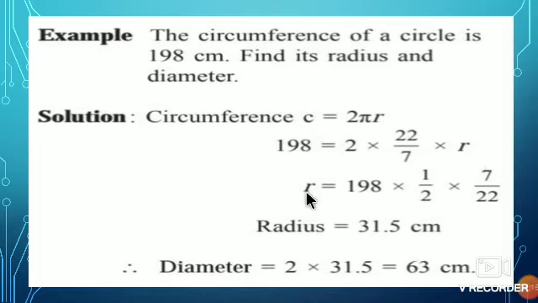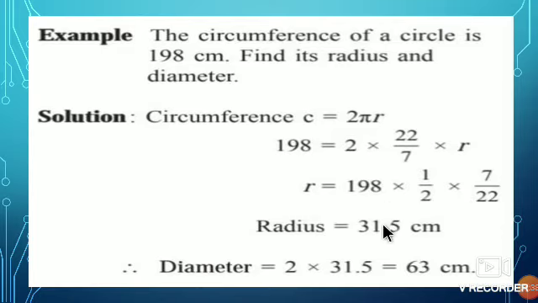For our convenience, we will take it to the left hand side and the rest to the right hand side. So 198 multiplied by 1/2, this 2 means you can divide it by 2 into 22/7, reciprocal of it 7/22.